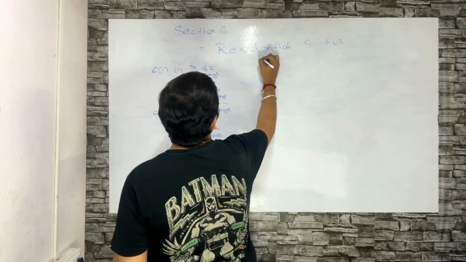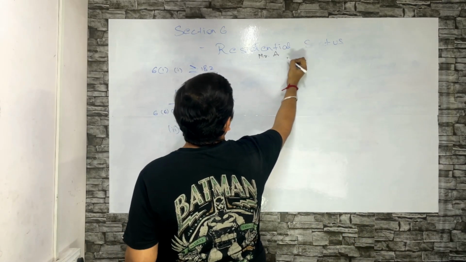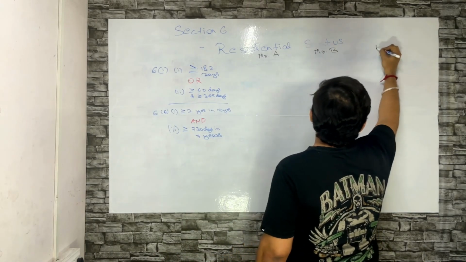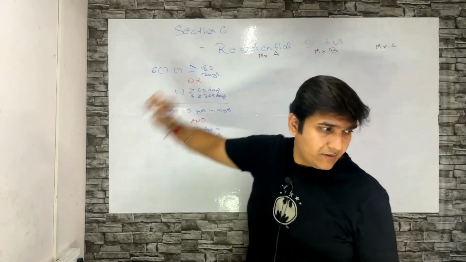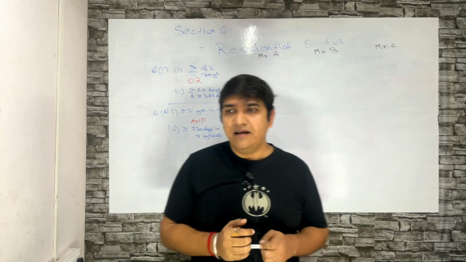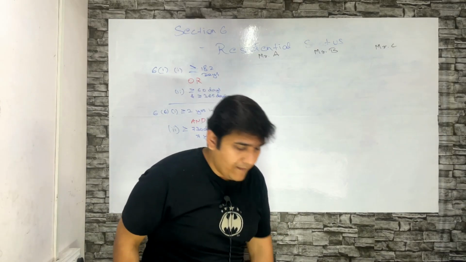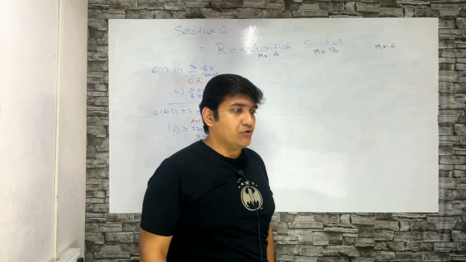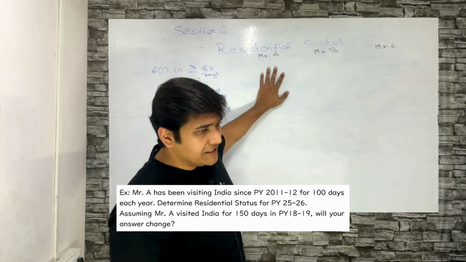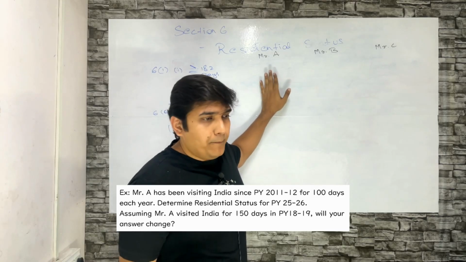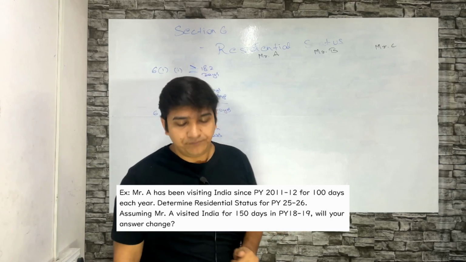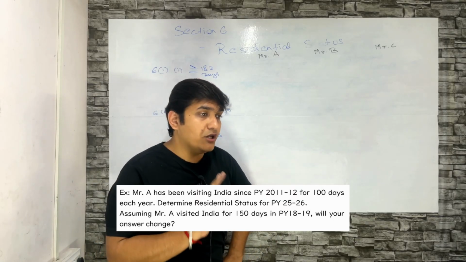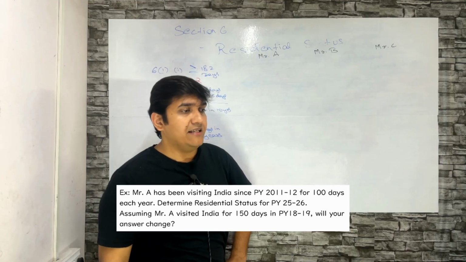One is Mr. A, one is Mr. B, and one is Mr. C. First, let's look at Mr. A. Mr. A has visited India since previous year 2011-12 for 100 days each year.